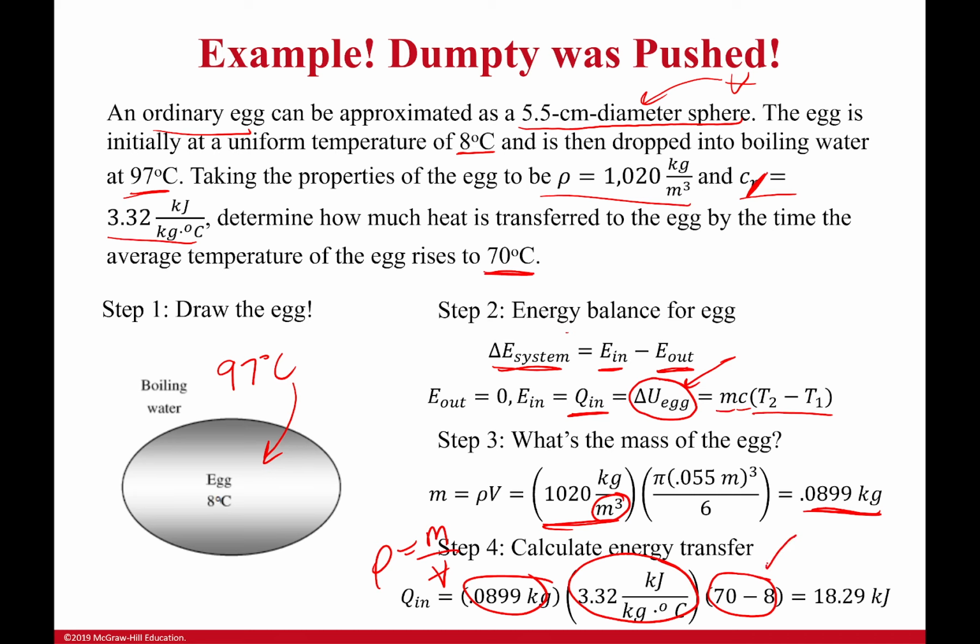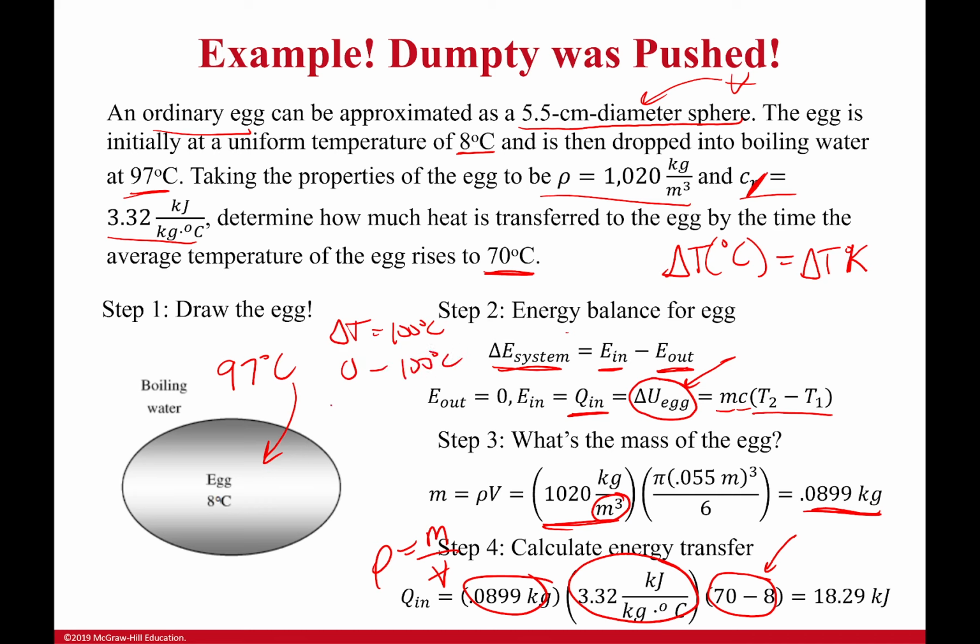Now, if you're wondering why I didn't convert this to Kelvin, it's because a change in temperature in degrees Celsius is equal to a change in temperature in Kelvin. If you want to check that, you can do it pretty easily. So I'm going to have a change in temperature of 100 degrees Celsius. I'm going from 0 to 100 degrees Celsius.